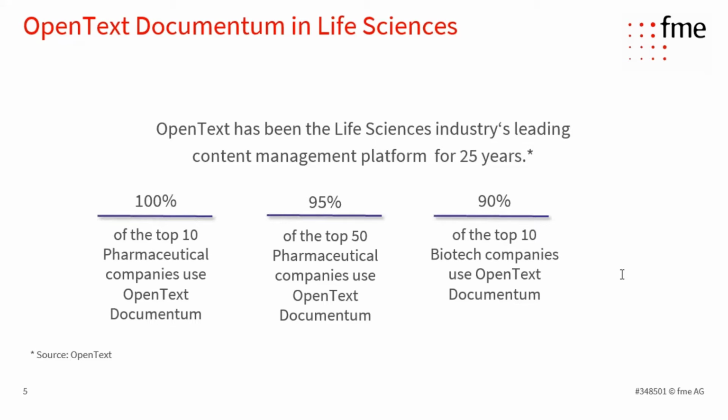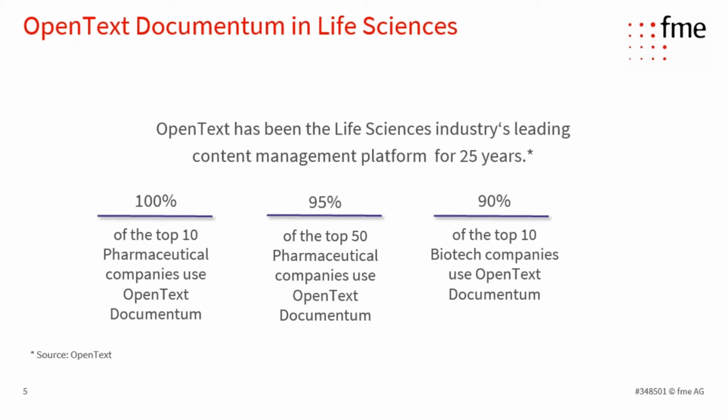OpenText, for those who are not as familiar, has been servicing the life sciences industry for many years around content management, or enterprise content management, somewhere in the neighborhood of 25 plus years. From the solution that we're discussing today, the life sciences suite, 100% of the top 10 pharmas are leveraging OpenText Documentum.